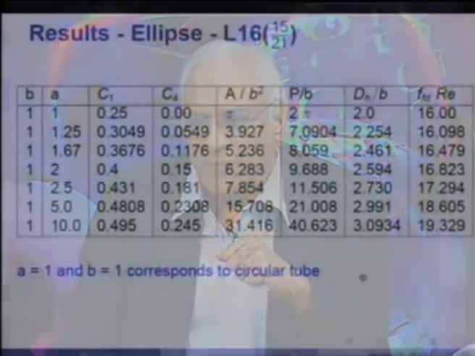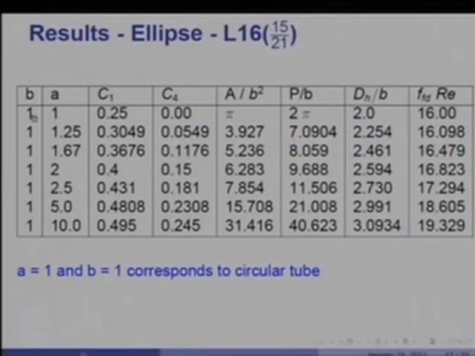Also given are the values of dH by B. The special case is when A is equal to 1 and B is equal to 1, that is a case of a circular tube, and as you would expect, in this case C4 is 0, only C1 is finite and the f Re is equal to 16 as we expect. But for all other cases, f Re goes on increasing. The more oblong the ellipse, the higher is the friction factor.